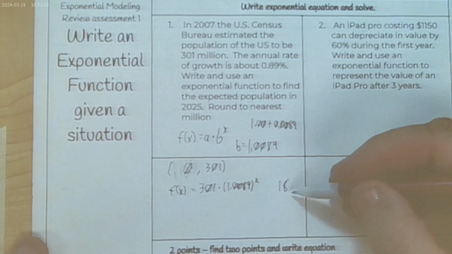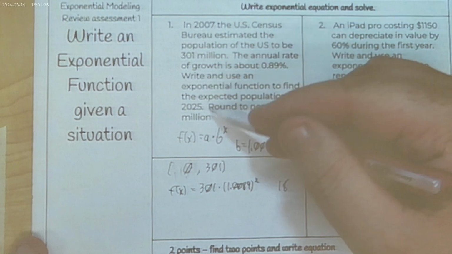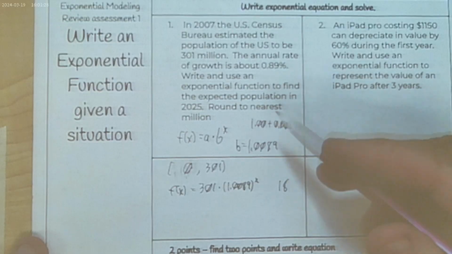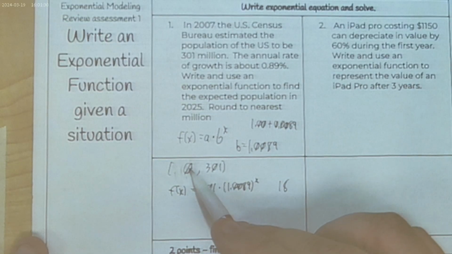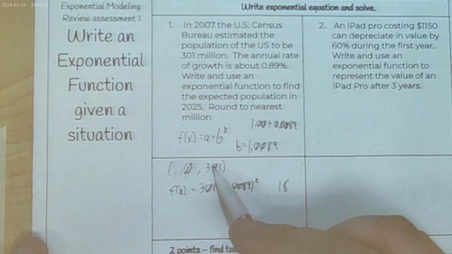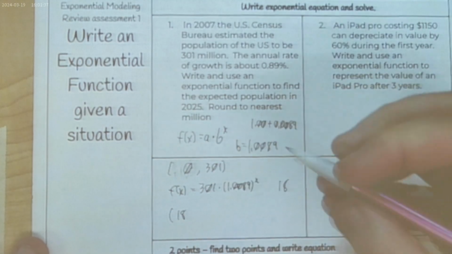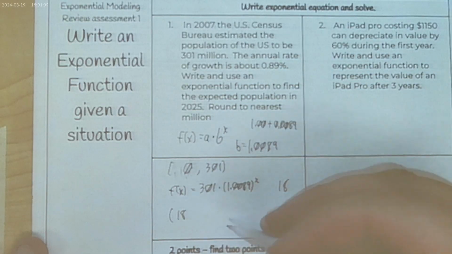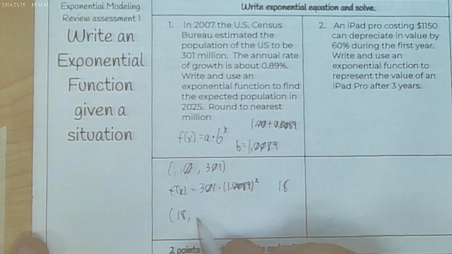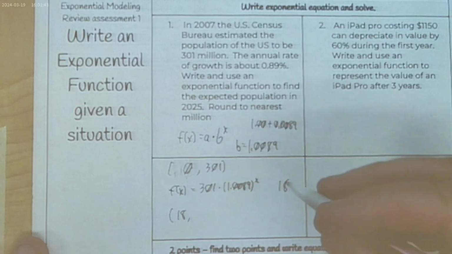We're still only concerned about changes over 18 years. So going from 2007 to 2025, that's a time change of 18 years. If we're starting at year 0 with 301 million, then 2025 is year 18, and we need to know what this number here is.